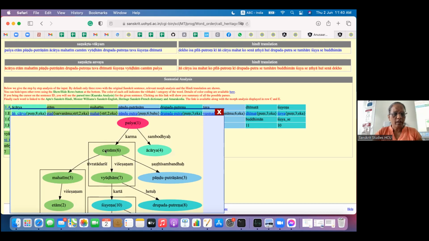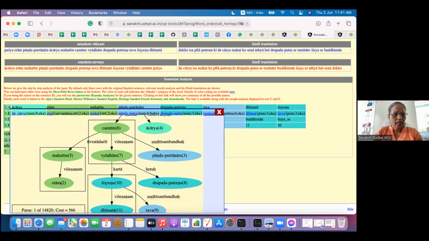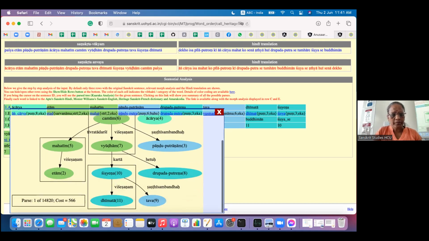And what kind of army is it? It's a huge army, Mahatim. This huge army, which is arranged in a specific way. And this army is of the Panduputra, that is the son of Pandus. And this army is arranged by the disciple, Shishya.